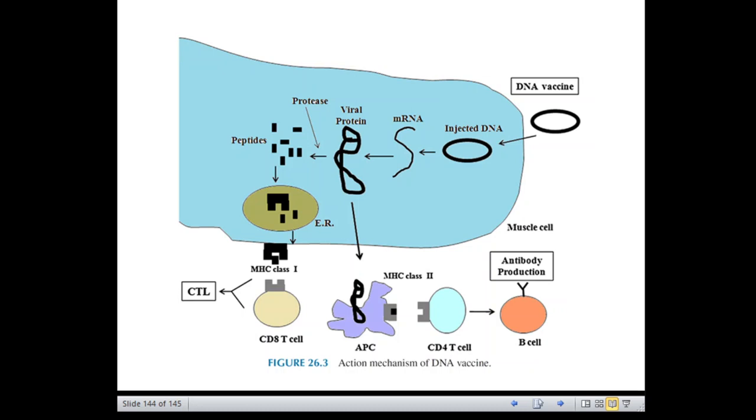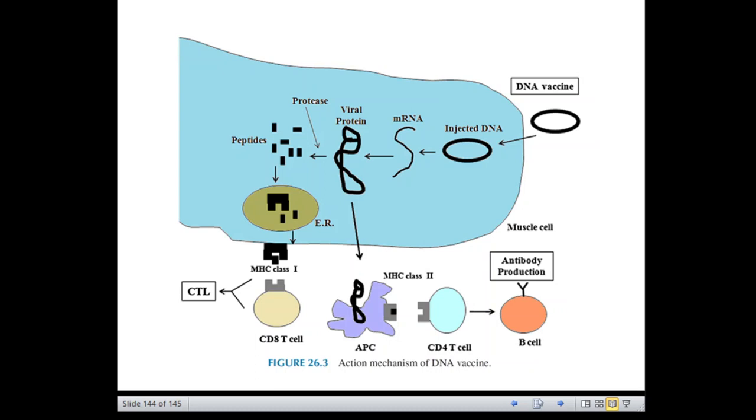These CD4 plus cells are able to recognize peptides formed from exogenous proteins that were endocytosed or phagocytosed by APCs, degraded to peptide fragments and loaded onto MHC class 2 molecules.